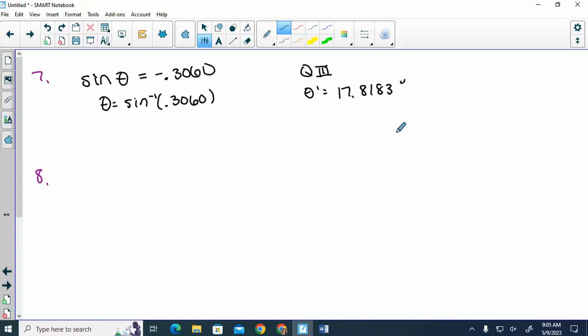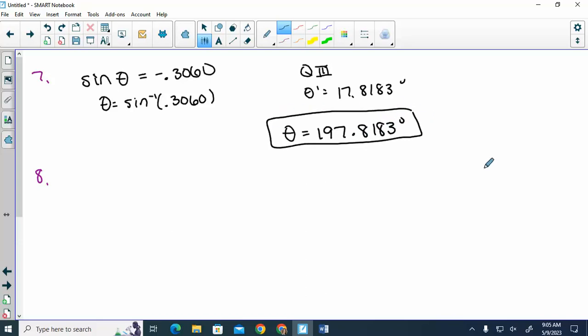How do you put that in quadrant 3? Reference angles go from the x-axis, so you'd have to do 180 plus that. You get 197.183.